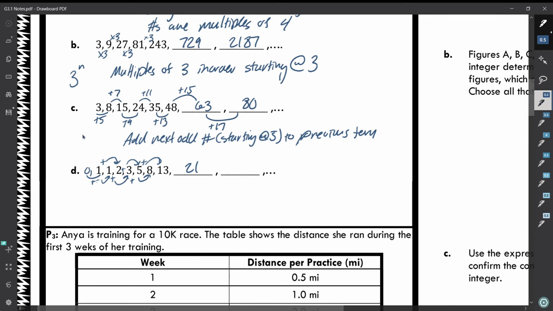Then 21 plus 13 is 34. So we say that each term is the sum of the two previous terms.